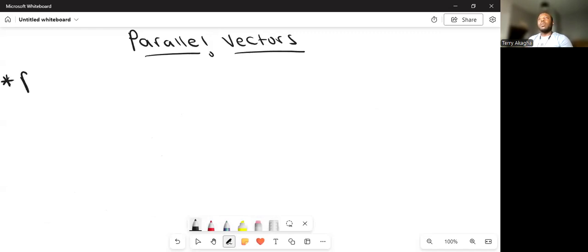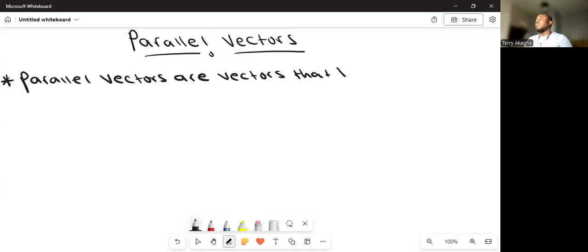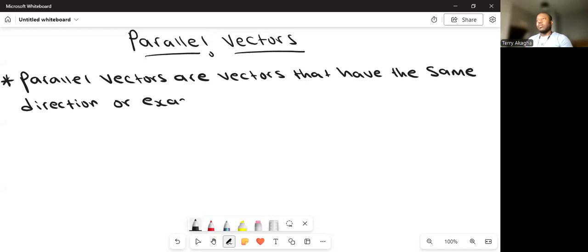So parallel vectors are vectors that have the same direction or exactly opposite direction.